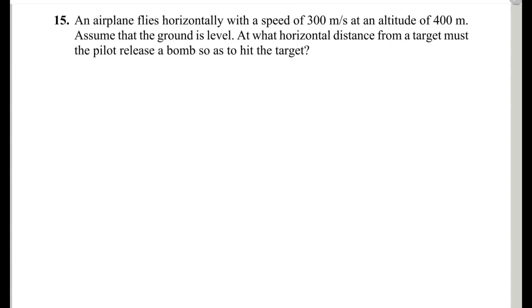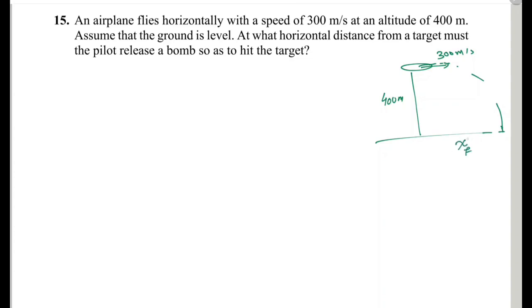So the situation is this: we have a plane right here moving with horizontal velocity 300 meters per second. The height of this plane is 400 meters, and it will throw a bomb and it will hit the ground. Okay, so x final here is missing.